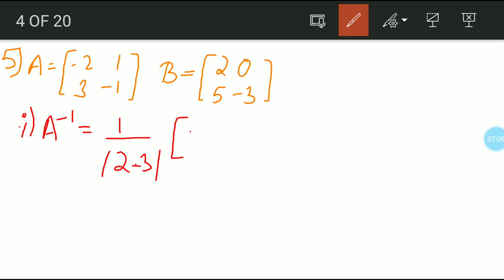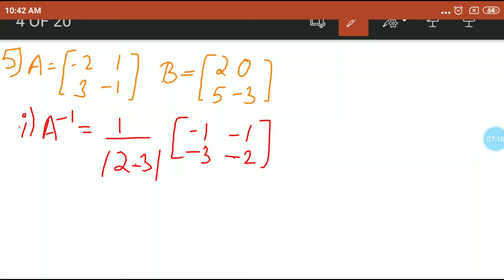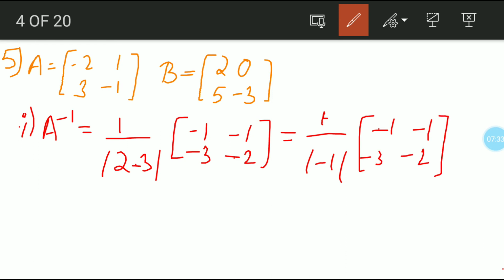Next step: 1 by minus 1 will be there, and the matrix [minus 1, minus 1; minus 3, minus 2].